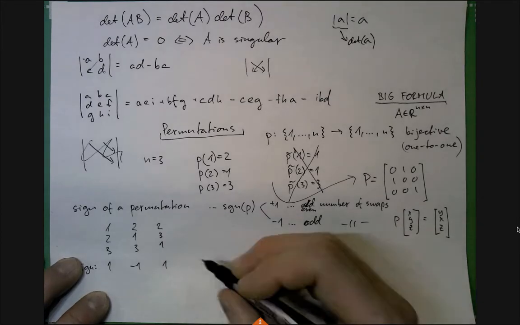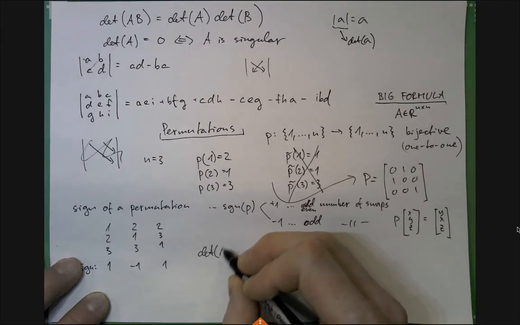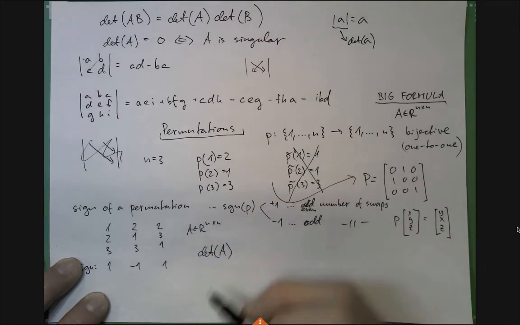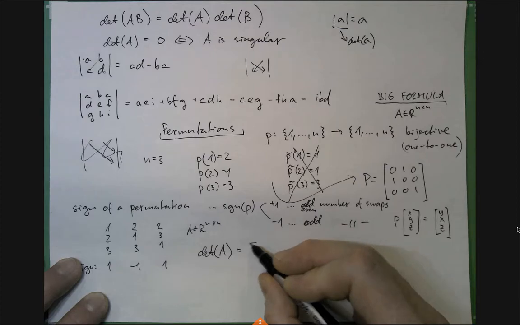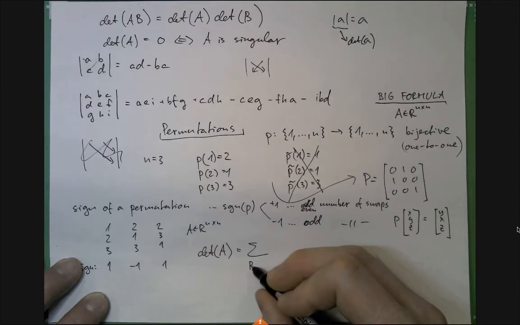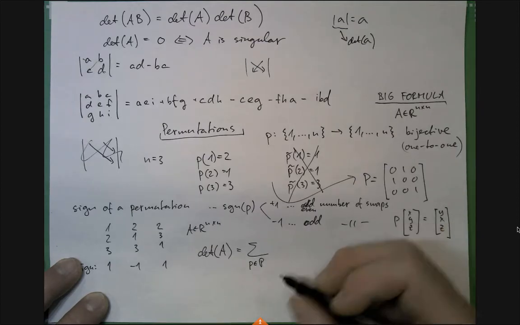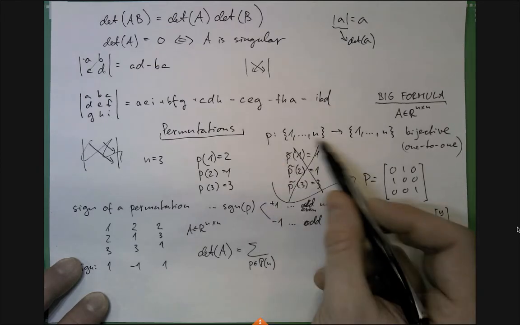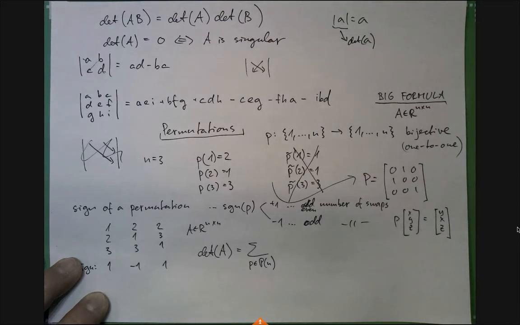And with this setup, I can write the big formula. If A is an n by n matrix, then the formula sums over all permutations. P is one permutation, and this calligraphic P is the set of all permutations on the integers 1, 2, 3, 4, 5, and so on till n.